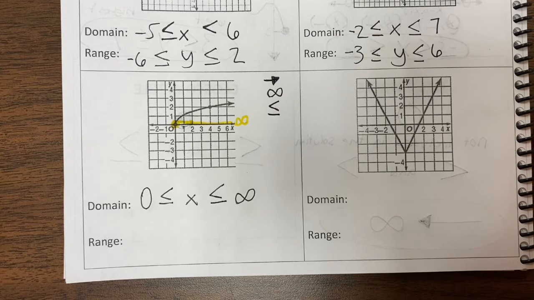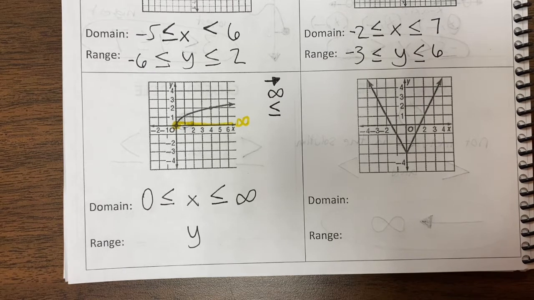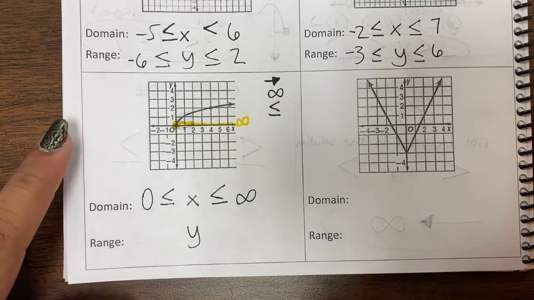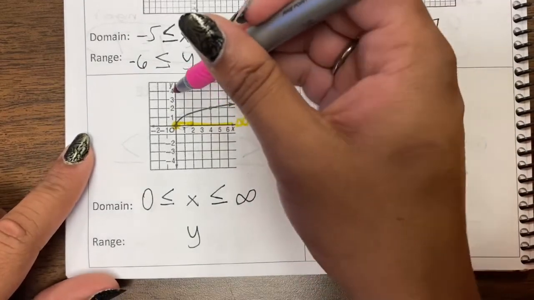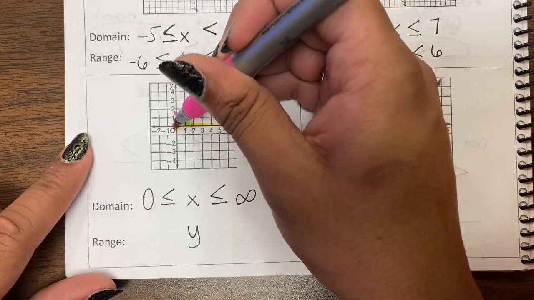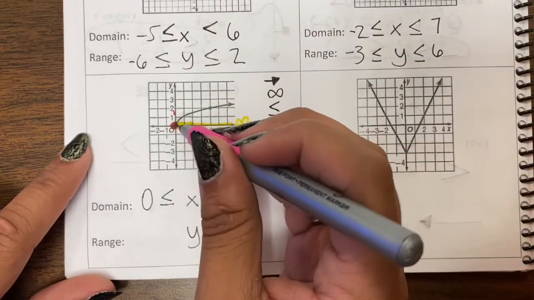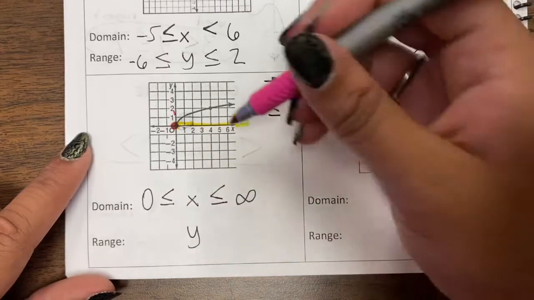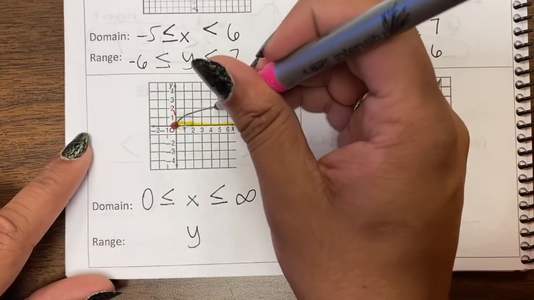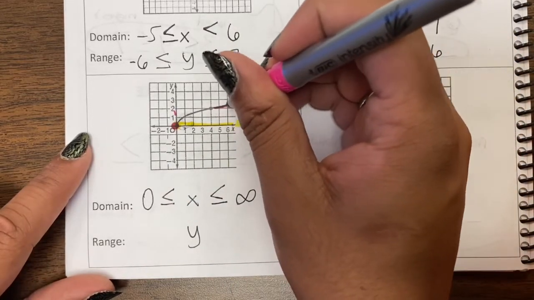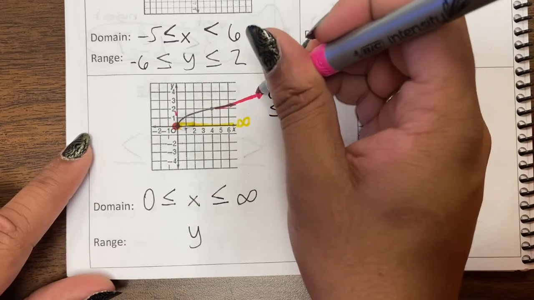The range is the set of y values. So we want to see how far low is it going to go to how far high it's going to go. So the lowest point, again, is at 0 because it's not going anywhere beyond that. And then the highest point, it looks like it might stop here, but it's actually going to continue going in this direction forever.